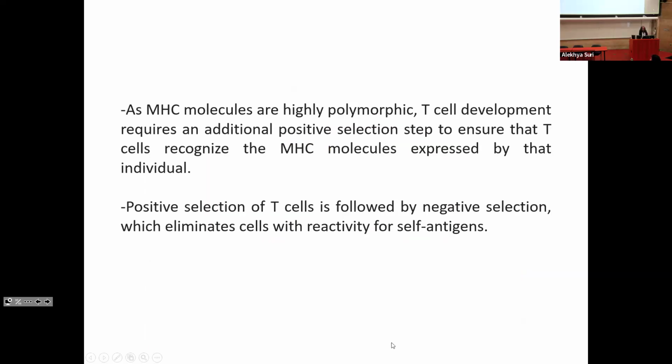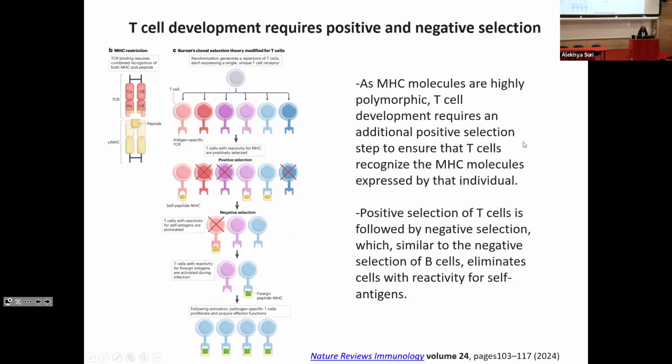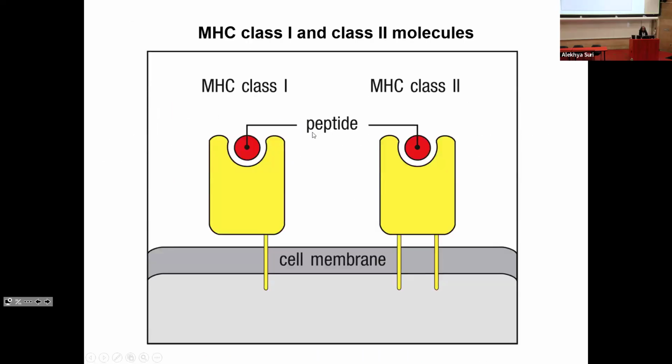These MHC molecules are highly polymorphic. This peptide-MHC complex is what is recognized by the T cell receptor, right? But these MHC molecules are highly polymorphic, so all of us here have different combinations of MHC molecules.